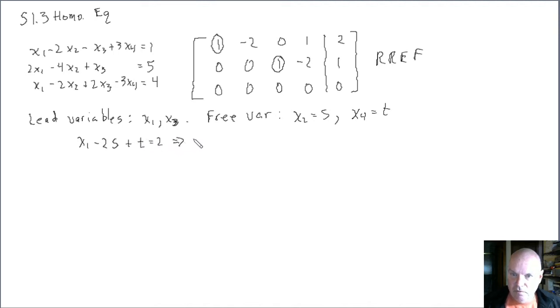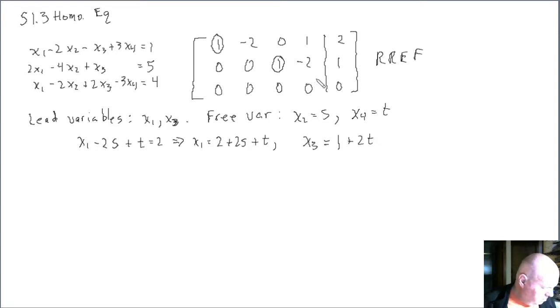So I can solve for x1. I get 2 plus 2s plus t, and similarly for x3, I get x3 is 1 plus 2t from the second row here.